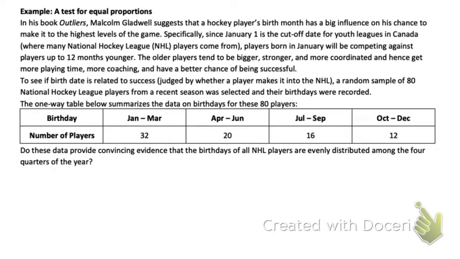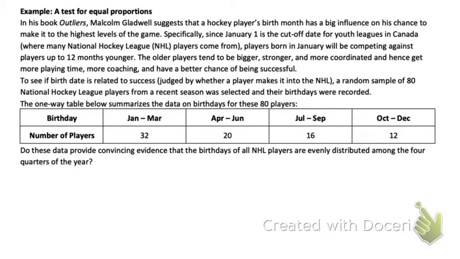NHL players. In his book Outliers, Malcolm Gladwell suggests that a hockey player's birth month has a big influence on his chance to make it at the highest levels of the game. Specifically, since January 1st is the cutoff date for youth leagues in Canada, where many National Hockey League players come from, players born in January will be competing against players that are up to 12 months younger.